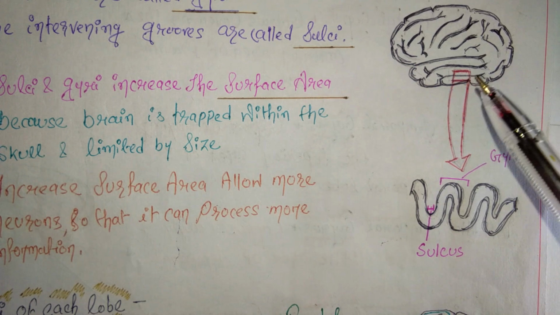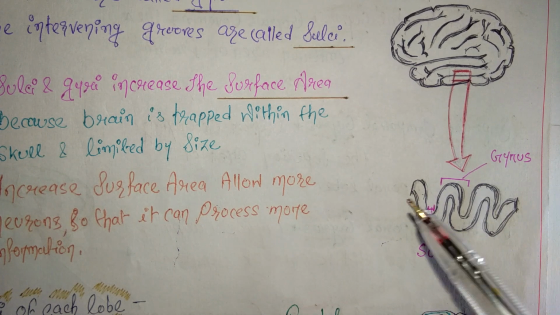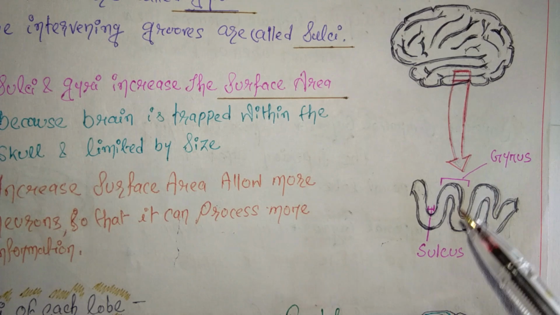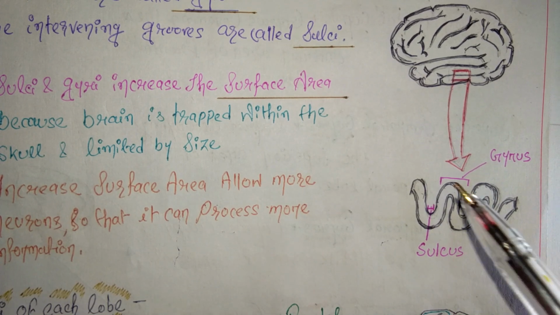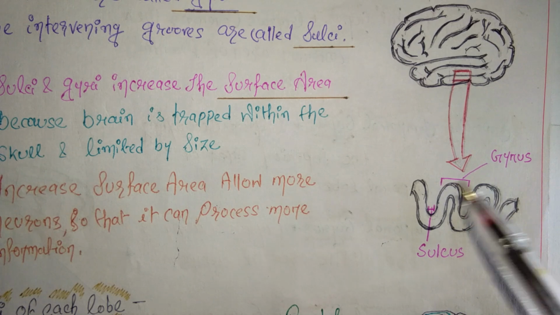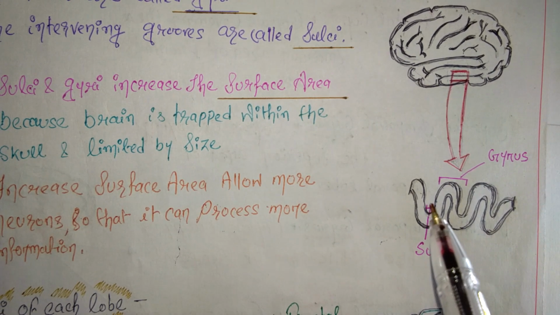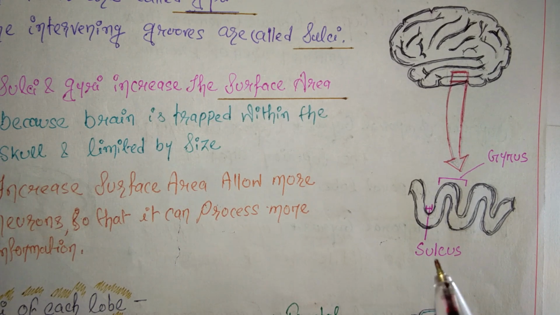If we zoom in on this folding part, then it will look like this, no? This is the folding part. This is the surface of the brain. So this folding part is the gyrus, and this depression, this narrow portion is the sulcus, okay?